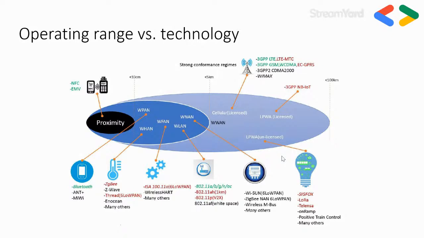Okay. There are other types of standards that are developed by the 3GPP, the Third Generation Partnership Project. They developed the GSM standard and LTE, the mobile communication standards that we use. They saw that the IoT industry is developing rapidly, so they wanted to join that field.